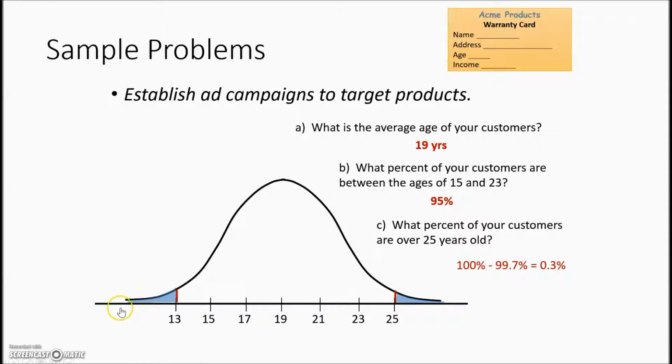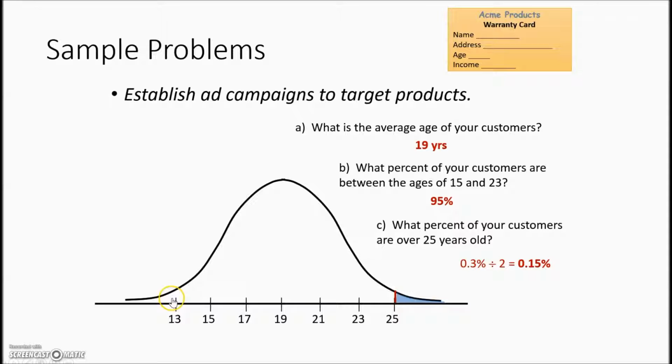These two shaded regions add up to represent that missing 0.3%, and we're only interested in half of that. So we take the 0.3% and divide that by 2, which means our final answer is 0.15%. This is an extremely rare occurrence and would be something of note.